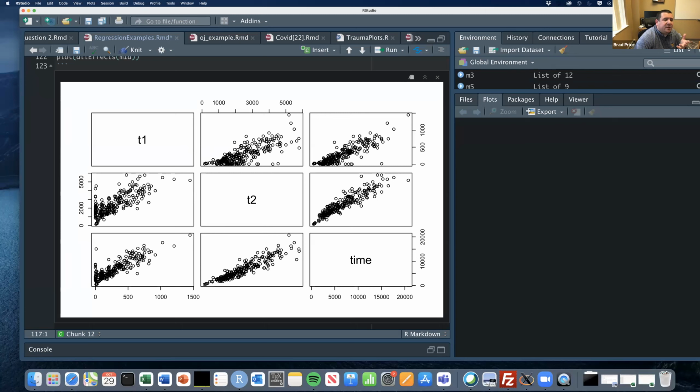As T2 increases, what happens to T1? If you had to generalize it, does it look like it goes up or down? Sam's going up. Anybody else?